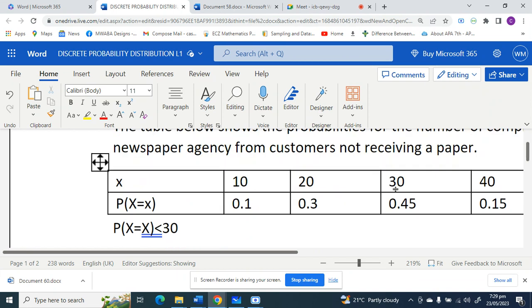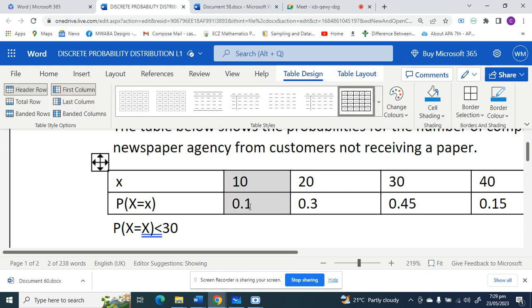So you're going to say 10 times 0.1 plus 20 times 0.3 plus 30 times 0.45 plus 40 times 0.15. That's all that we are doing here. Are we okay with that, colleagues? We're multiplying the random variable with its probability. Then you add.